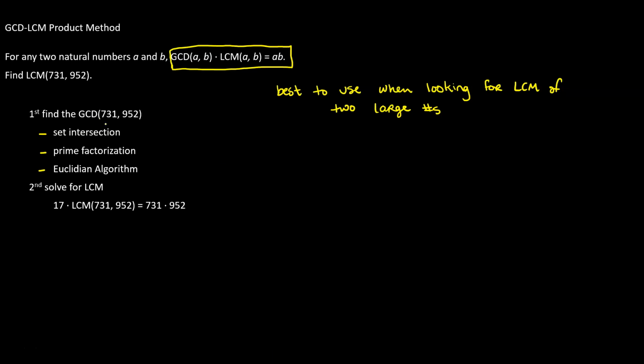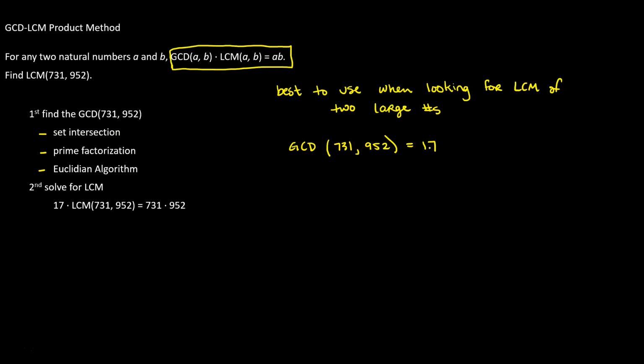Whatever technique you choose, you'll find that the GCD of 731 and 952 is equal to 17. So pick whichever method you like.